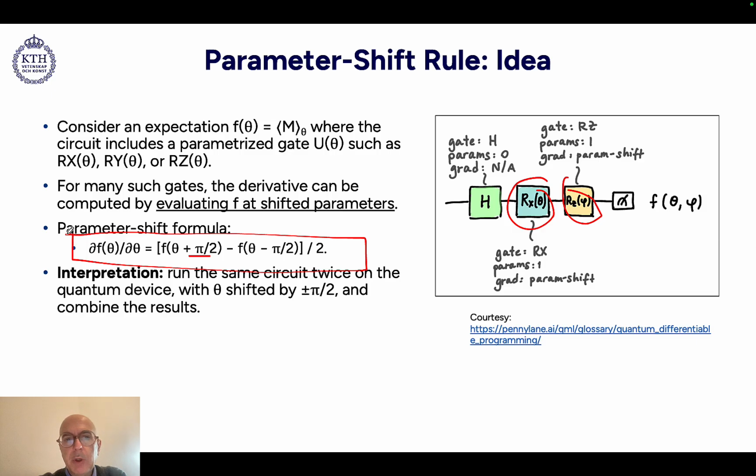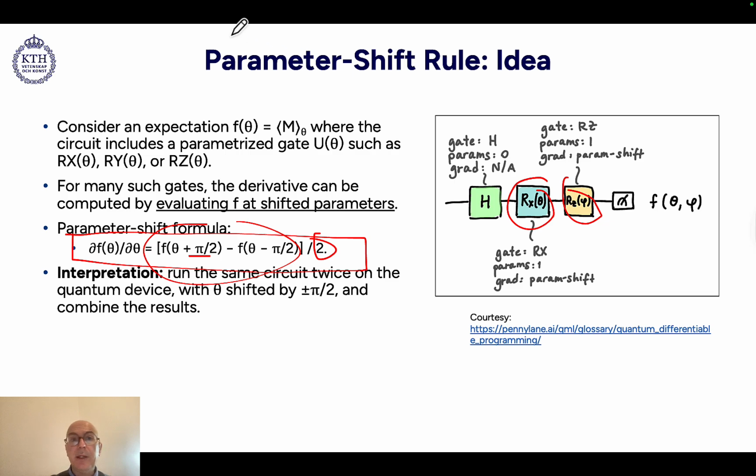Basically we run the same circuit twice on the quantum device, one with theta shifted by minus pi over 2, and one shifted by plus pi over 2, and then we combine the results and divide by 2 to calculate the parameter shift rule.